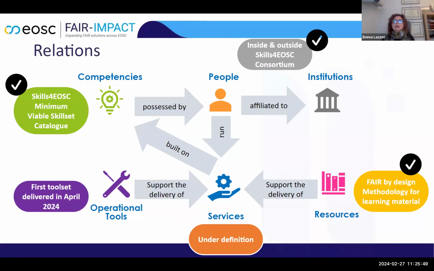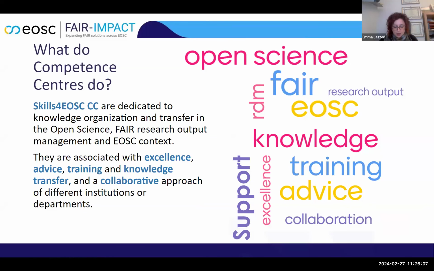And they also need resources. These resources are, at this moment, being built by the project. So at the end of the project, you will find a lot of resources that you can also reuse in your competence center. But what do competence centers do?